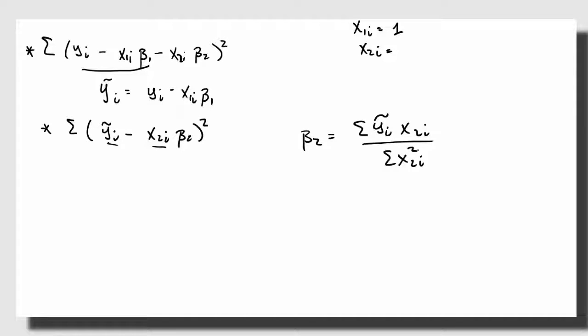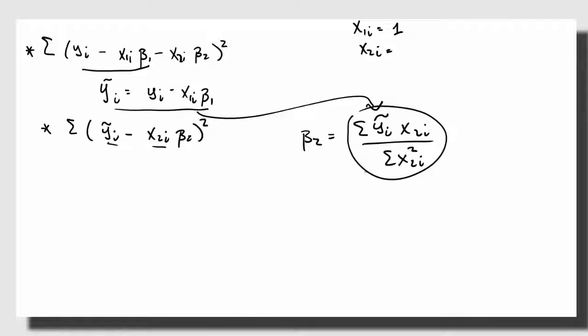Now remember yi tilde, see its definition over here. If we were to plug it in, that's a function of beta 1. So now that I know that my beta 2 has to satisfy this equation, I can take this and plug it back in here, or equivalently back in here. And then what that yields is an equation that only involves beta 1 and a regression through the origin for beta 1.